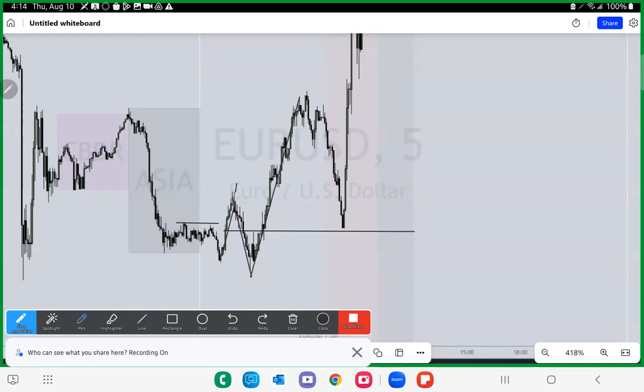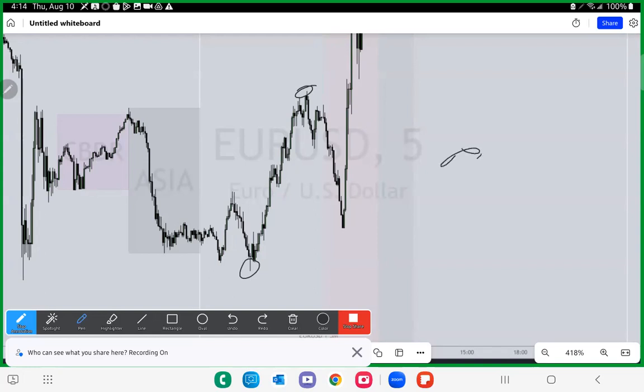And then from there, this is where model X comes in, because it's almost like, well, how do you know that price is going to turn around? You don't, right? Instead of guesswork, instead of just placing a limit order entry, because if this range has multiple PD arrays, how do you know which PD array price is going to turn away from? You don't.